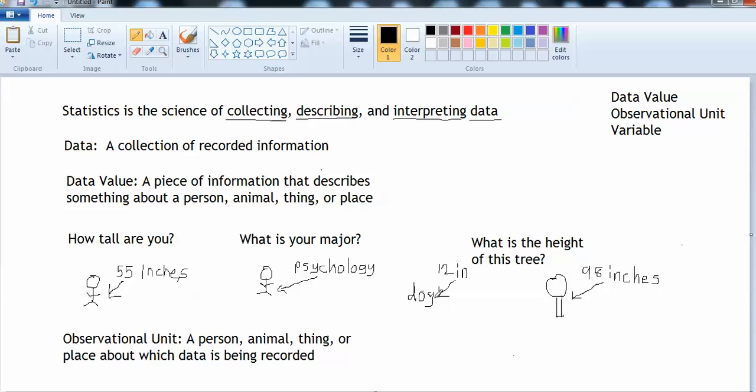The dog is the observational unit because the dog is an animal that we're recording data about. And I don't mean that the word dog is an observational unit. I mean that the dog itself is an observational unit. I just had to write the word dog here because I couldn't draw a dog.